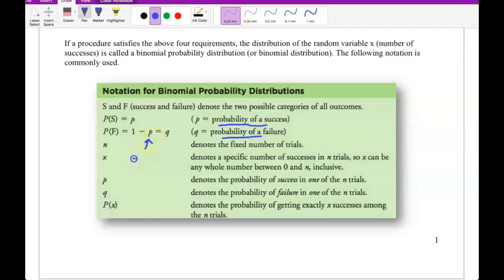P is success, so 1 minus success is failure. So this is probability of failure, and this one is probability of success.